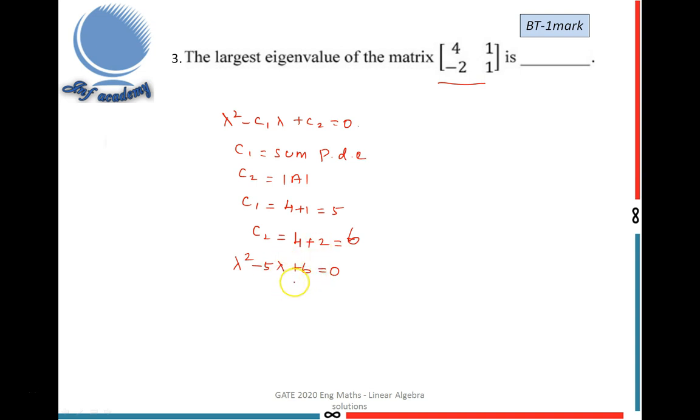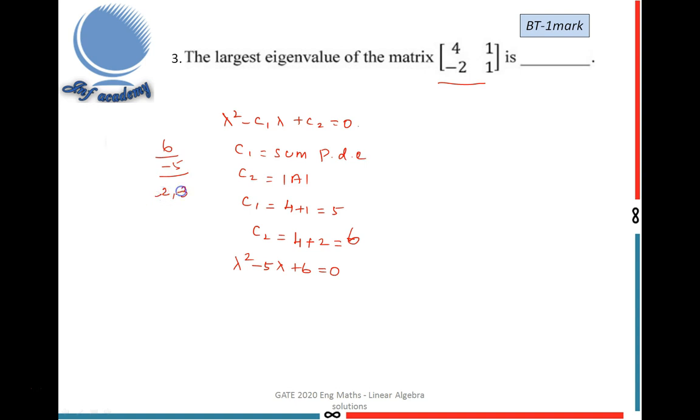Okay. Solve this quadratic equation. How to solve? The coefficient of lambda square is 1. The constant term is 6. 1 into 6 is 6. And the coefficient of lambda is minus 5. Now you choose two numbers whose multiplication is 6 and whose addition is minus 5. 2 and 3, 2 threes are 6, but the addition is 5.